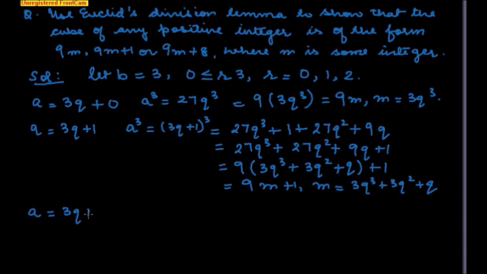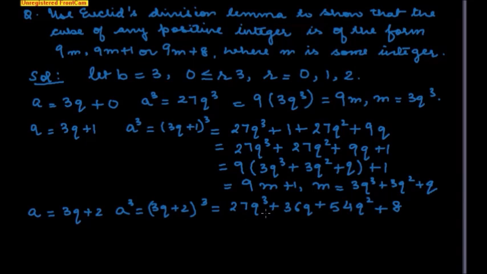I take the third case, 3q plus 2. I take the cube of this, which is 3q plus 2 whole cube. So the cube comes out to be 27q cube plus 54q square plus 36q plus 8.